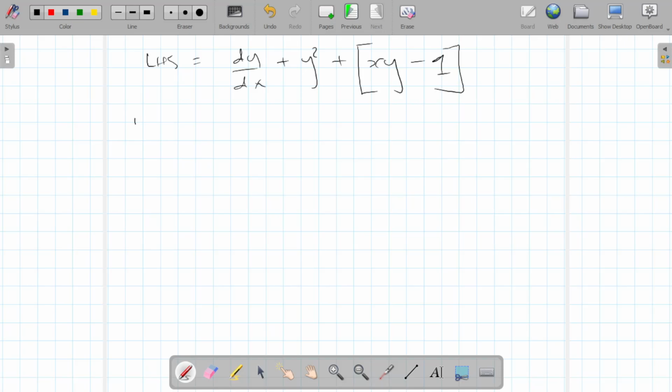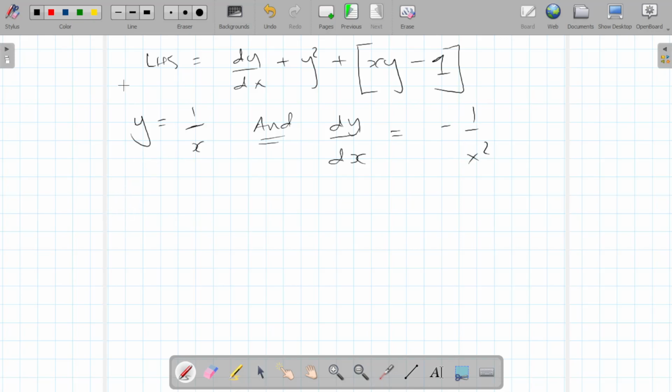So we know that y equals 1 over x and dy by dx is equal to minus 1 over x squared.